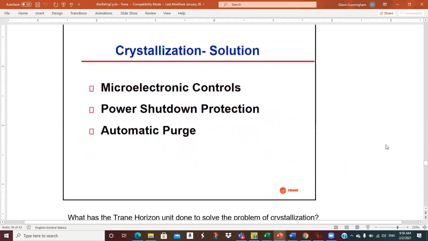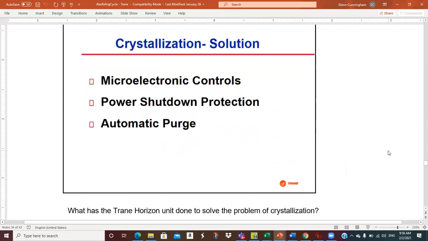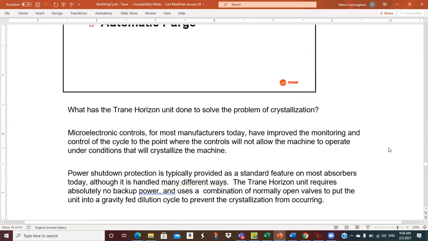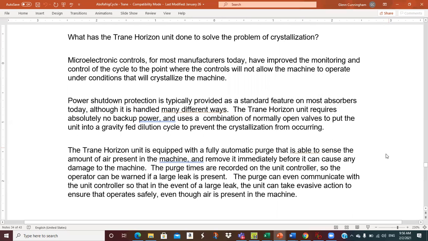Okay, so how do we manage this? Microelectric controls, power shutdown protection, and automatic purge are kind of what's been developed over the years. And of course, this is Trane, so they're going to push the Trane Horizon, which is their absorption chiller.